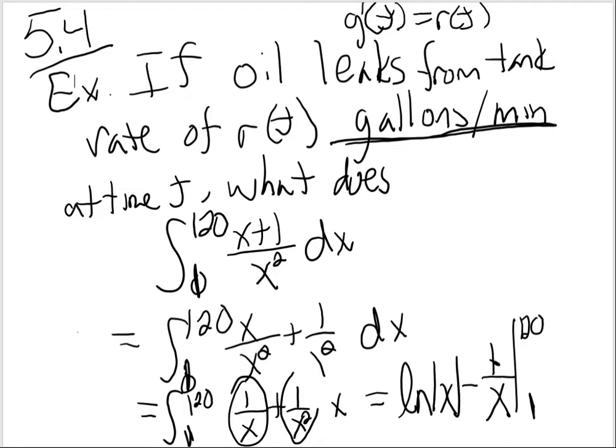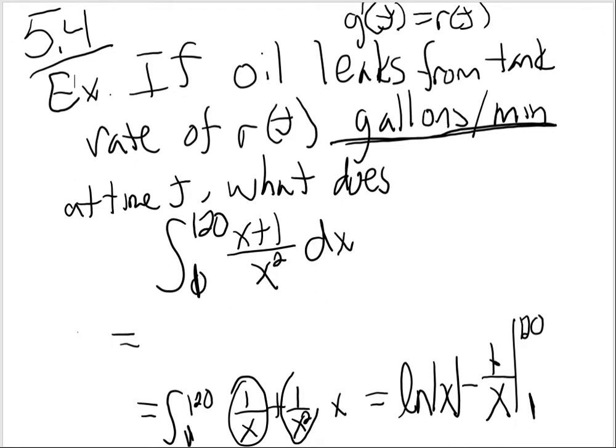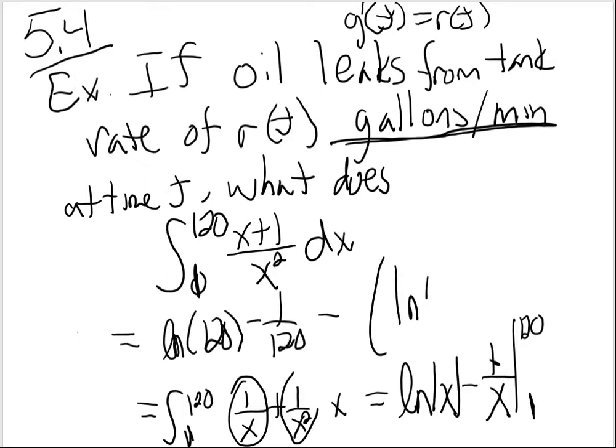So what do we get? Well, we'll get natural log of 120 minus 1 over 120, and then minus natural log of 1, or 0, minus 1.